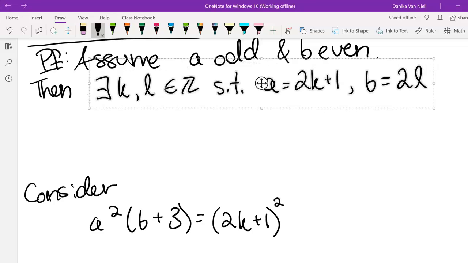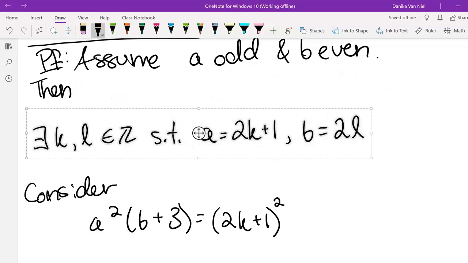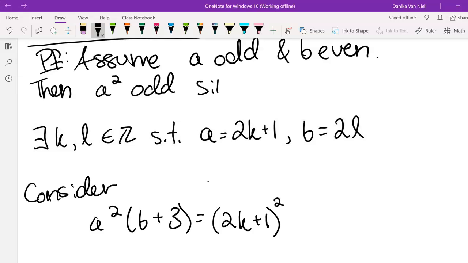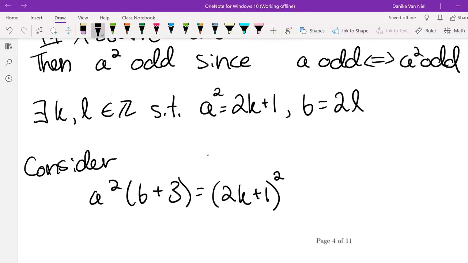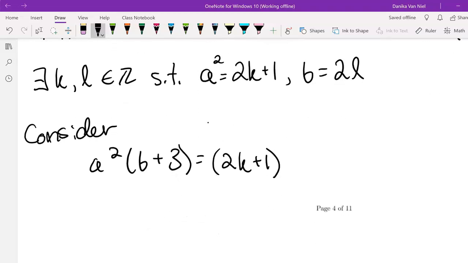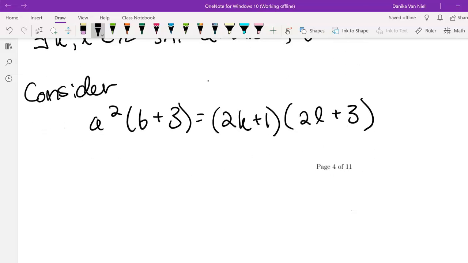Then A squared is odd, since A odd if and only if A squared odd. Okay, so now I'm going to rewrite this in terms of A squared. Boom. So much easier. You could do it the other way, that's fine. Remember, there's always a gajillion different ways you can do every single proof.